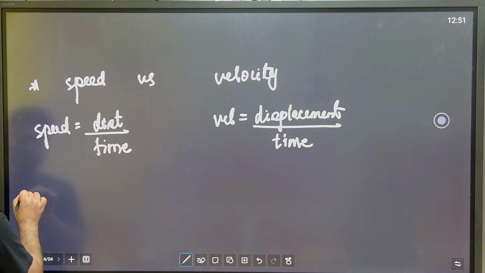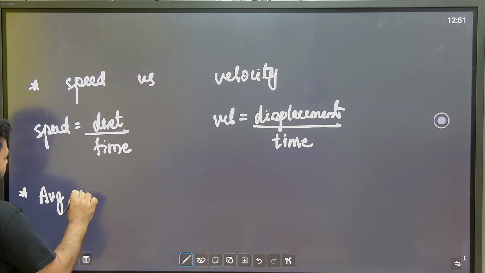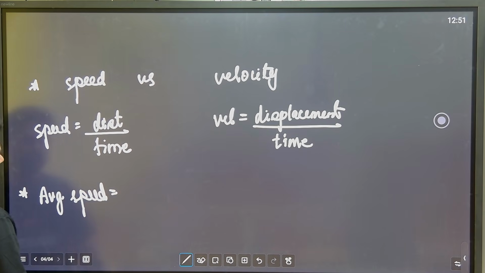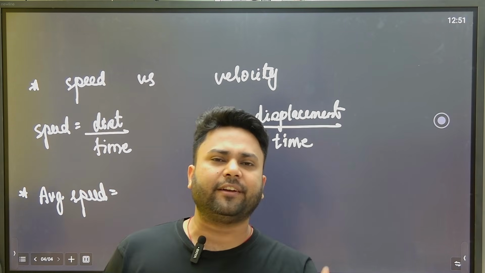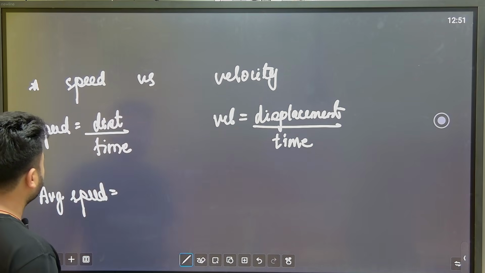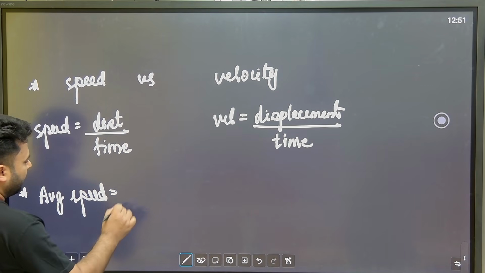Now one concept comes, average speed. Average means three or four intervals will be given, more than one interval will be given, and they will ask what is the average speed. I will give the example. Just write the speed formula, distance by time.